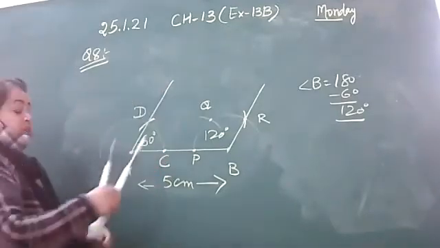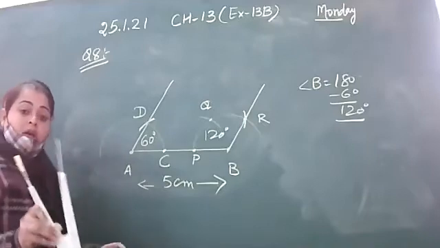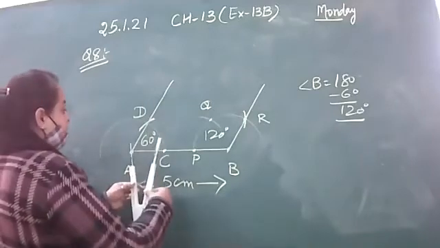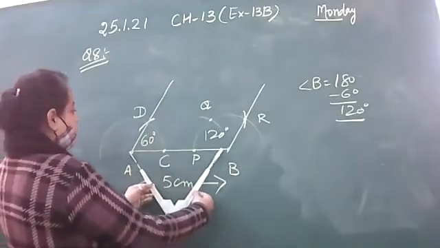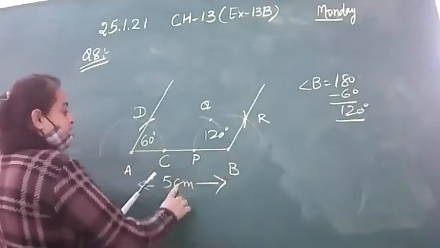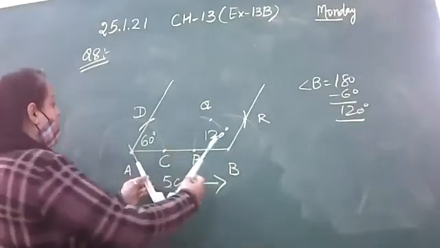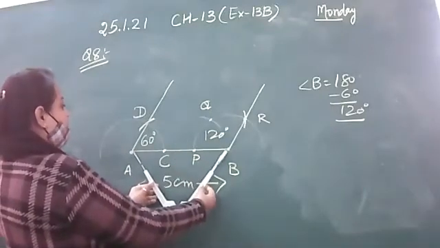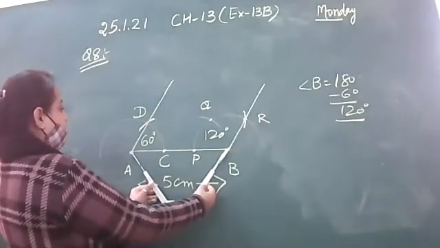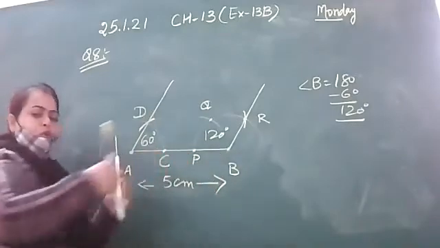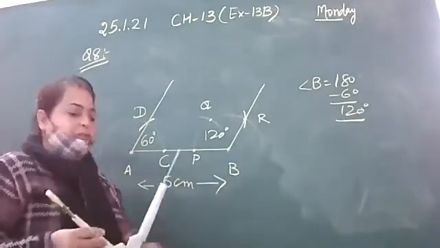After that, open your compass 5 centimeter. This line segment is of 5 centimeter. Now open your compass 5 centimeter. Students, you know why we open our compass 5 centimeter?